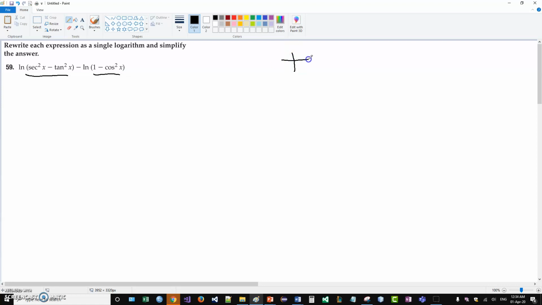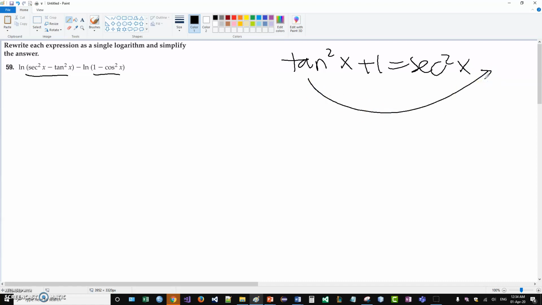We know that tangent square x plus 1 equals secant square x. Alright, so secant square x, move this here, secant square x minus tangent square x equals 1. So this, we can replace the whole thing by 1, ln 1 minus.